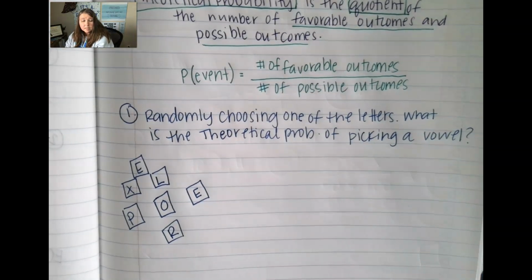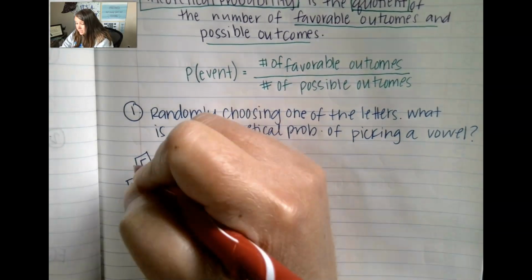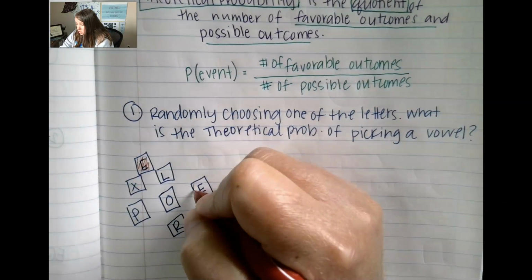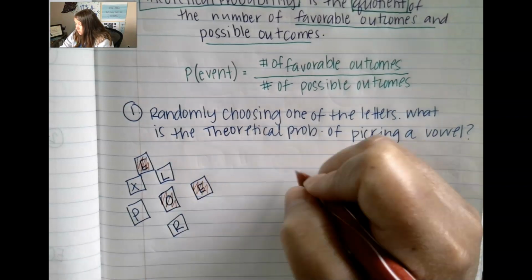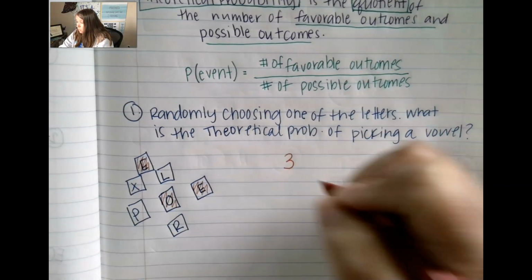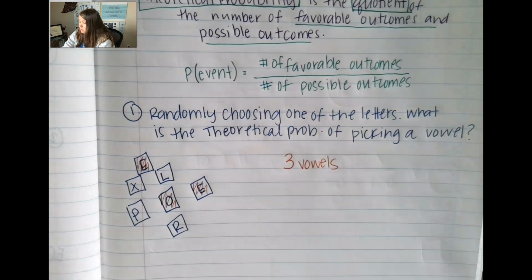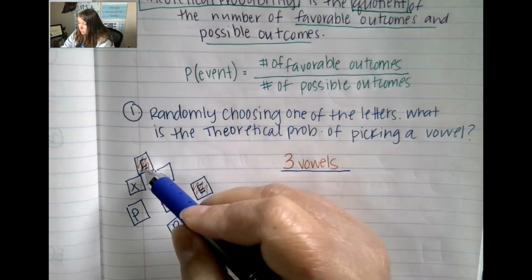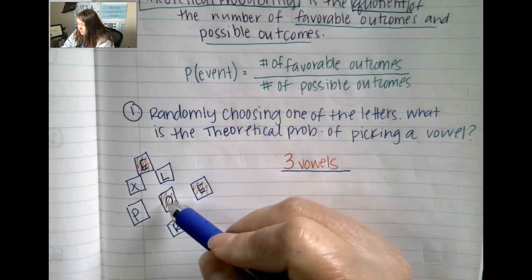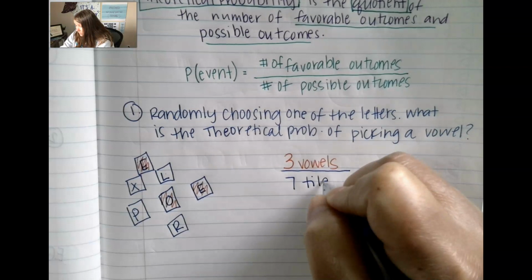Okay, so we're going to create this fraction here, and then we're going to figure out what the probability is of choosing a vowel. So we could choose this E here, we could choose this E, and we could choose this O. So there are 3 vowels that we could choose. 3 vowels out of 1, 2, 3, 4, 5, 6, 7 tiles out of 7 tiles.